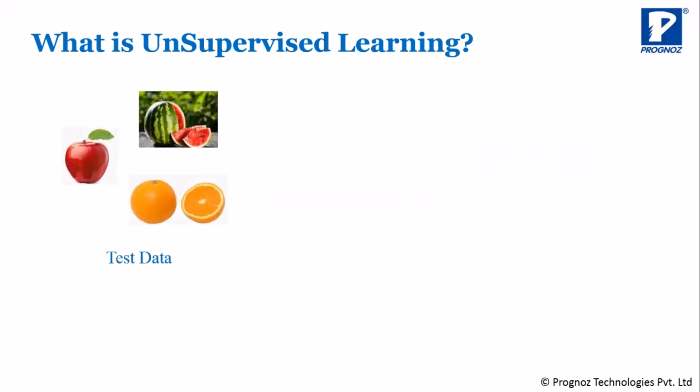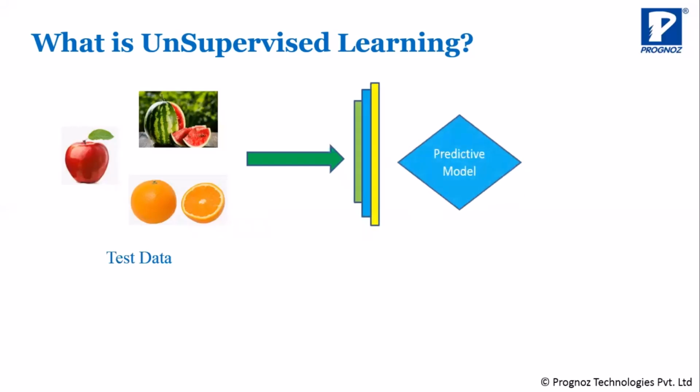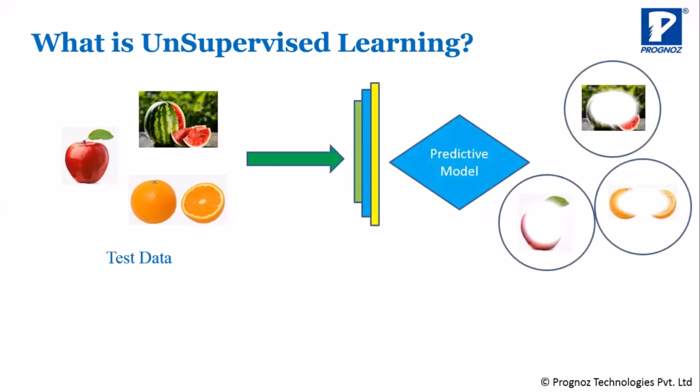So now after that we provide test data. So we are going to test. We provide some images of watermelon, apple and orange. What will this machine do? It has already been trained on this kind of information. So it will use its predictive model and it will try to put them in the specified cluster. So watermelon will be put in the watermelon cluster, apple will be put in the apple cluster, sorry, and orange will be put in another cluster, that is orange.